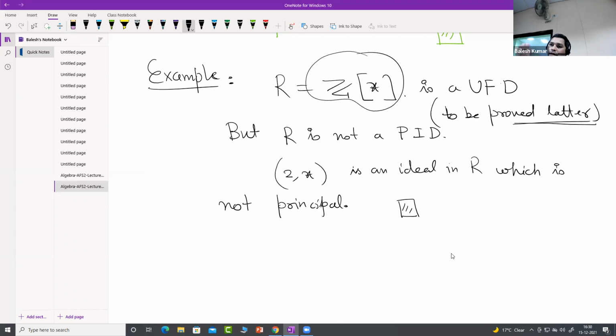Then we saw that principal ideal domains are always unique factorization domains, but in general unique factorization domains may not be principal ideal domains. Now I would like to stop.